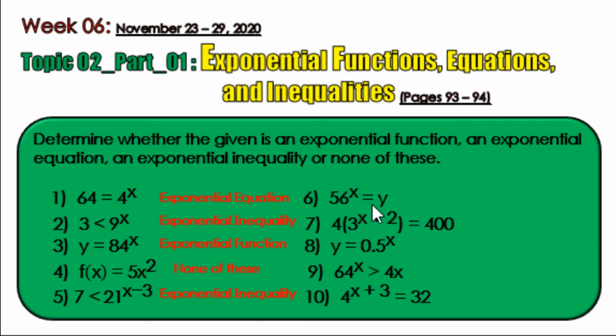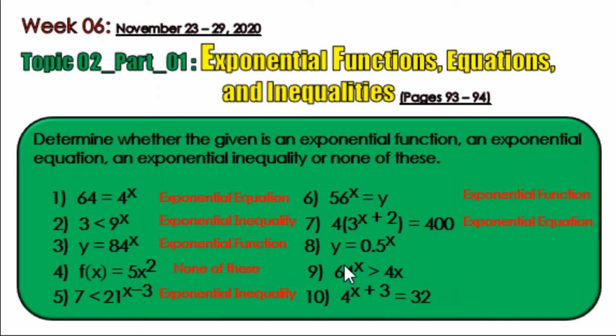So we have an equal sign, we have an exponential expression, and we have a relation between x and y. So therefore, this is an exponential function. Number 7, we have an equal sign, and this part is an exponential expression. So this is an exponential equation.